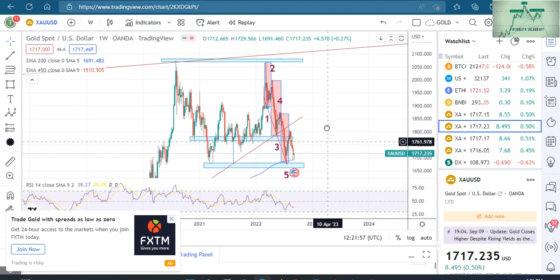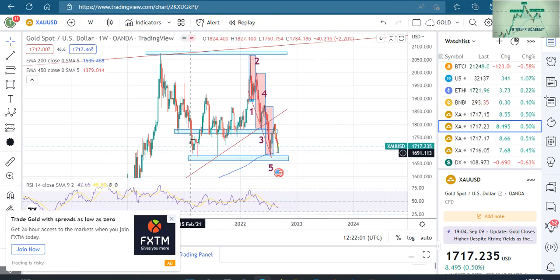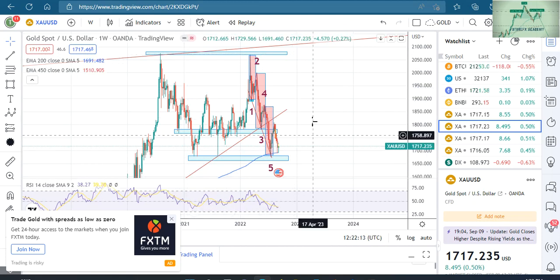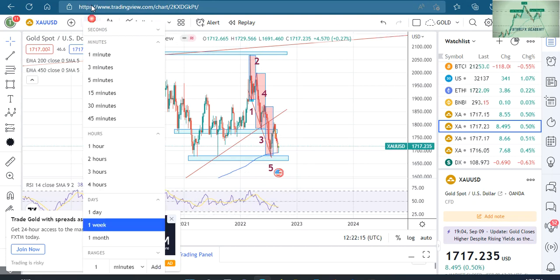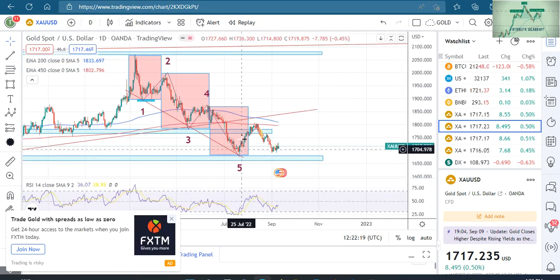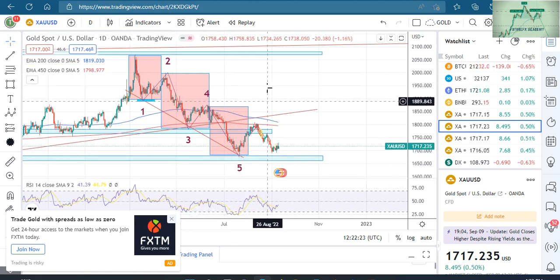So invariably, Elliott wave shows that gold has been trading between the 1670 area and the 2070 area. Now, what's the state of the market today? After testing the price area by completing wave five, it makes a pullback.